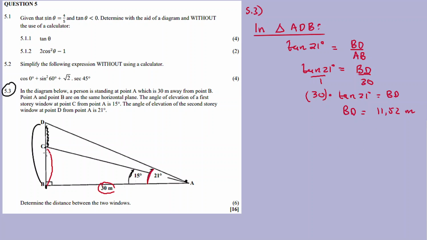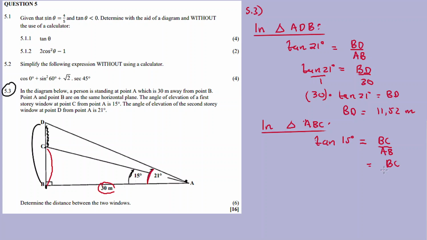Then we calculate CB again. So in triangle ABC, I use tan again, but this time to calculate CB. So tan 15 degrees this time is equal to opposite over adjacent, BC over AB, right?